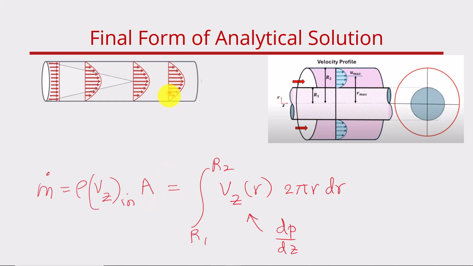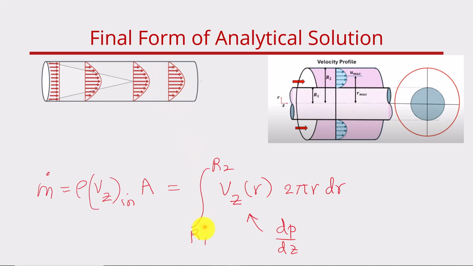Now the mass flow rate over here has to be the same because the mass flow rate at any cross-section is the same. And that I can find by integrating from 0 to r, or in this particular case, from R1 to R2.